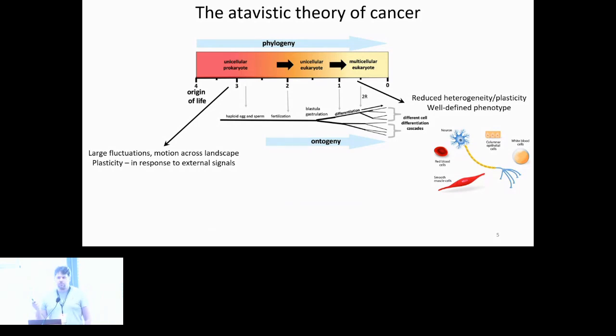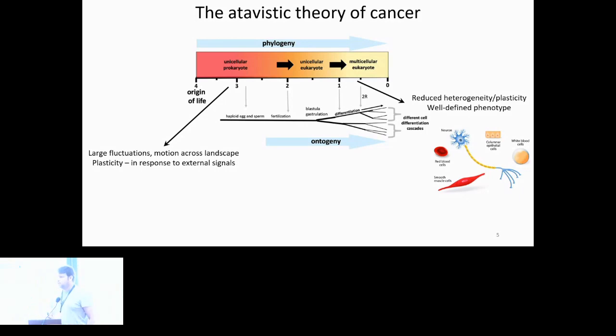When life appeared on Earth, you had unicellular cells. These cells lived in a very dangerous environment. They needed to be very plastic to adapt and to survive. The first unicellular cells were prokaryotes without a nucleus. After that you have unicellular eukaryotes with a nucleus, and the genome starts to be very well organized.